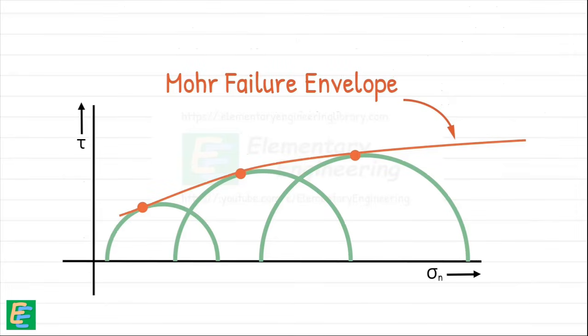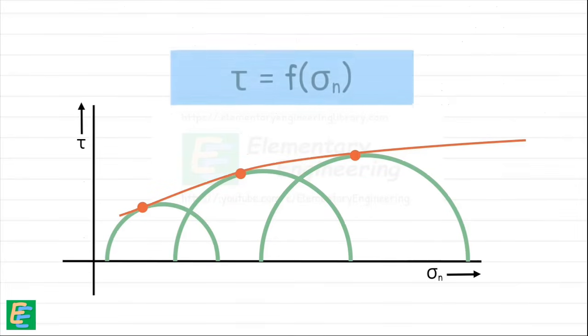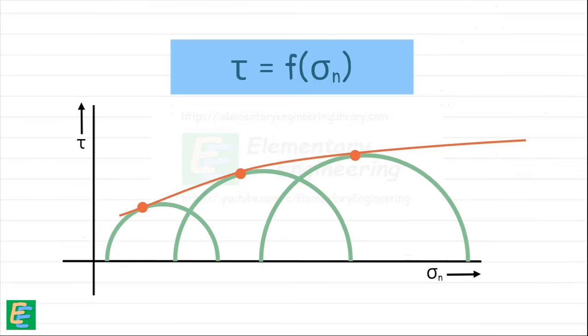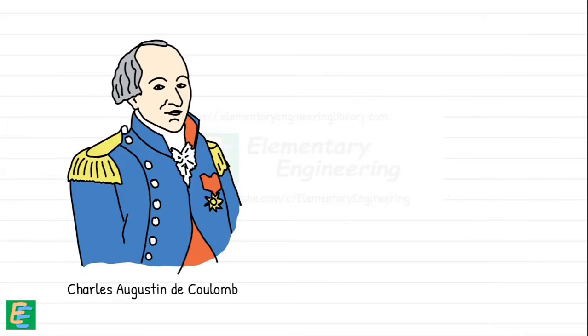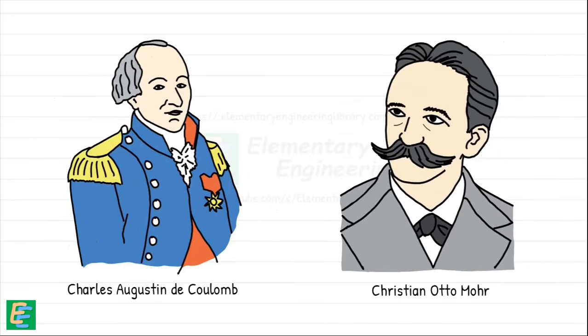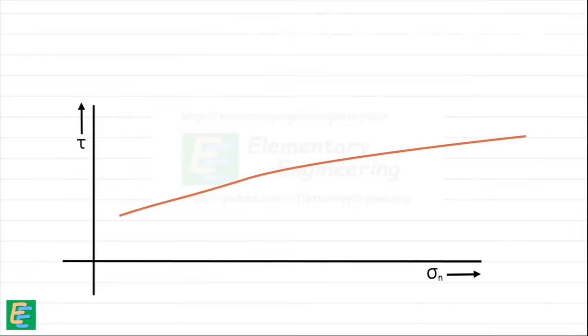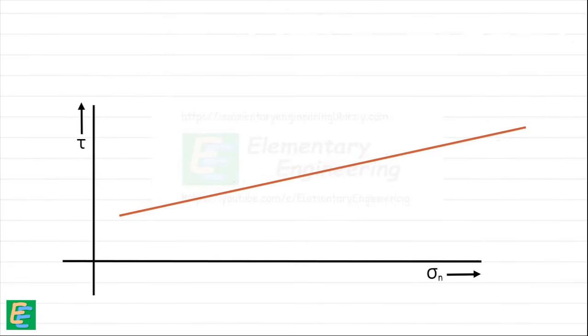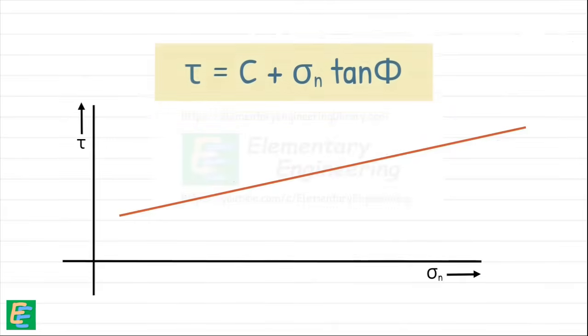By observing this relationship, Mohr established that shear strength is a function of normal stress. Coulomb's earlier researches and Mohr's investigations found that it is safe to assume this curvy failure envelope as a straight line. This relationship between normal stress and shear stress can be expressed as a linear equation like this.